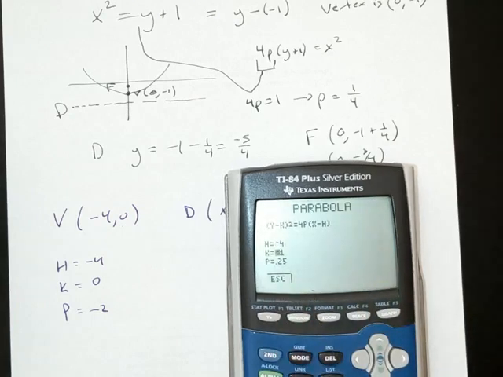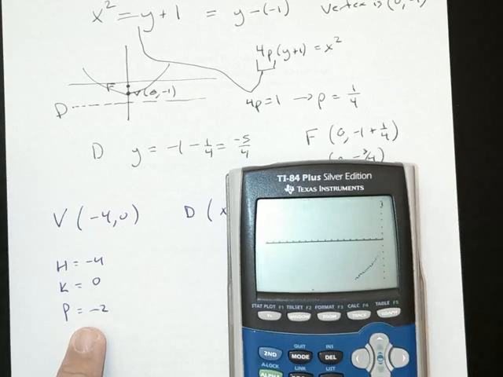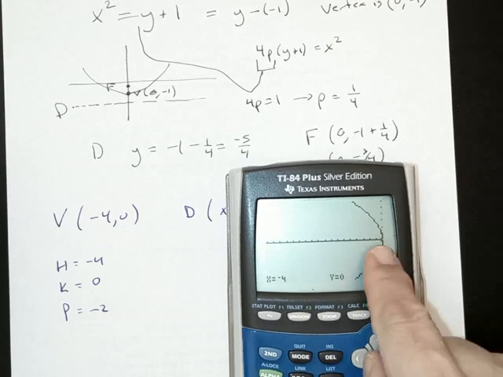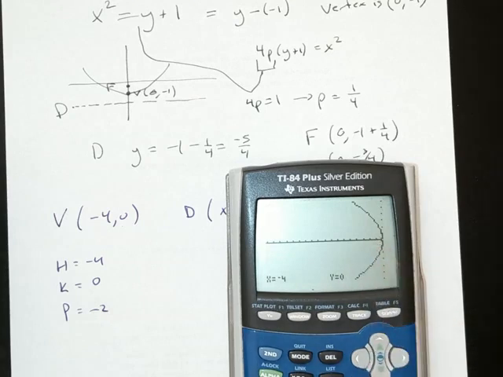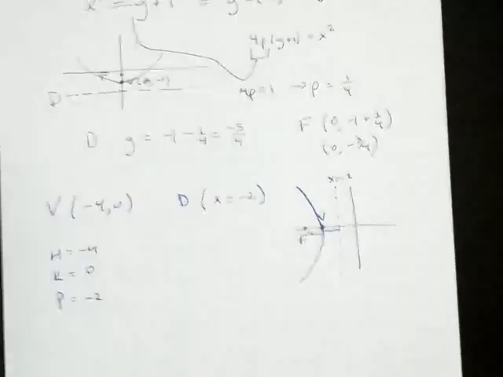H is negative 4, k is 0, p is negative 2. Enter. Hit the graph button. Trace negative 4, 0. There's my parabola. And it's going to the left, just like I wanted.